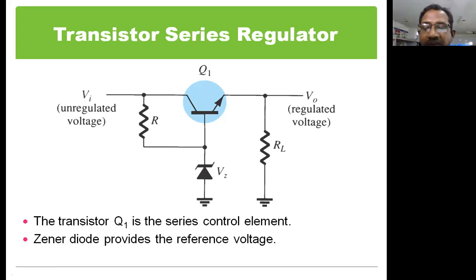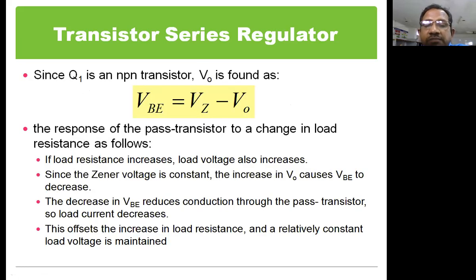If you miss the polarities or go with a wrong convention, your equation will go wrong, and you cannot explain the operation of the series voltage regulator using its basic equation. So after applying KVL in the output loop, we get V0 plus VBE equal to VZ. Taking V0 to the right-hand side, VBE equals VZ minus V0.